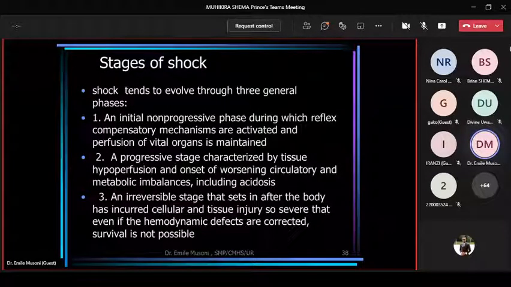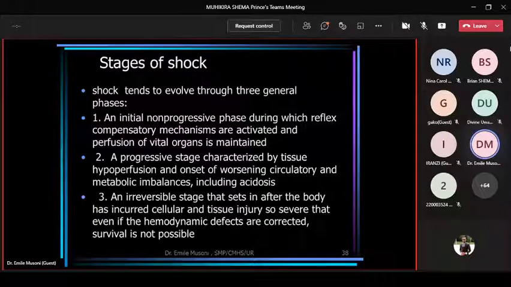The stages of shock: first an initial non-progressive stage, during which reflex compensatory mechanisms are activated and the perfusion of vital organs is maintained, meaning that here it is corrected immediately. Then the progressive stage, with tissue hypoperfusion, worsening circulatory and metabolic imbalance, including acidosis.